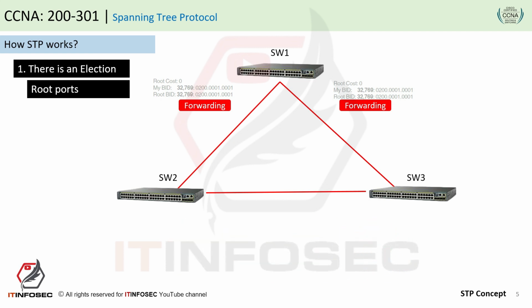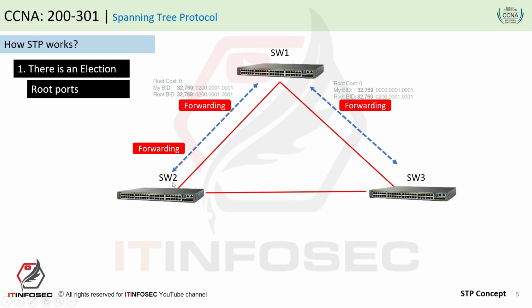But what about the rest of the switches, that is, non-root switches? In non-root switches, any port that has a lower cost to reach the root switch is placed in the forward state, and it is called the root port. For example, this interface is the root port for SW2. Why? Because its received cost is 0.